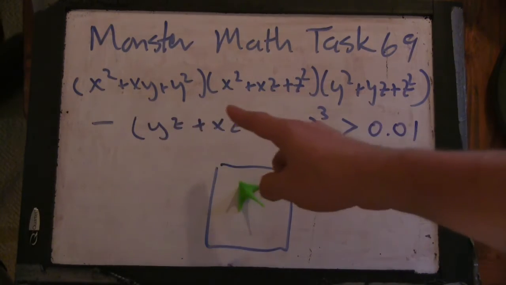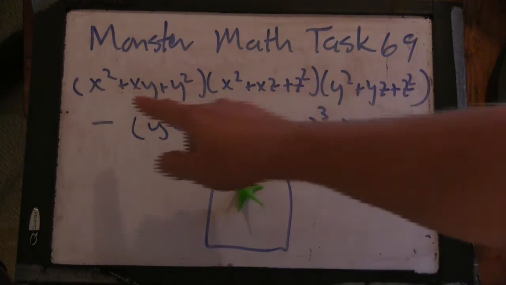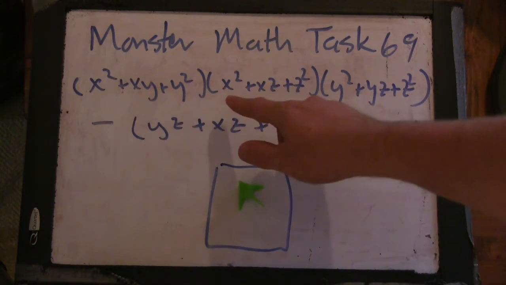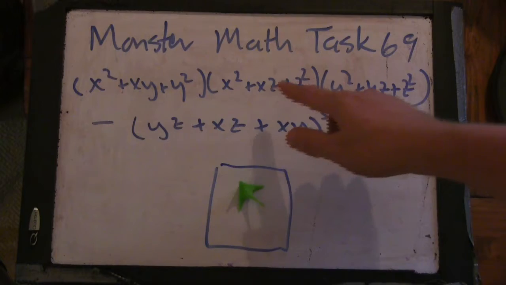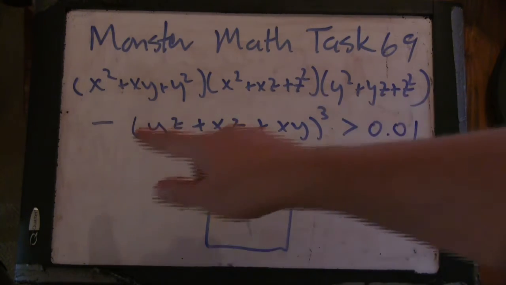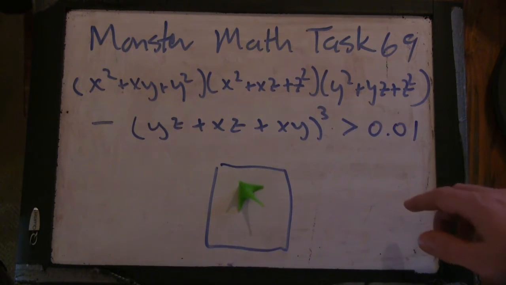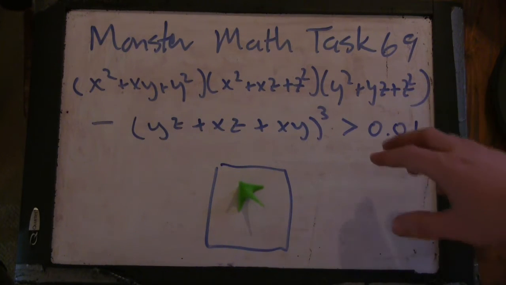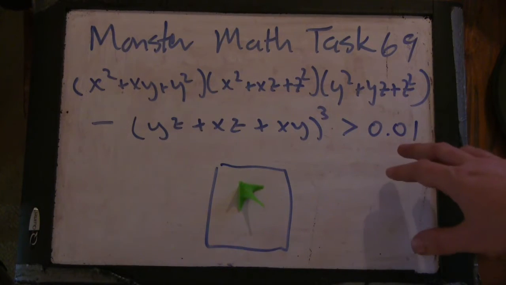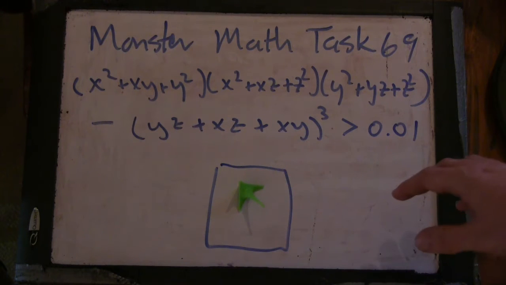It was asking about this algebraic expression: x squared plus xy plus y squared, times x squared plus xz plus z squared, plus y squared times y squared plus yz plus z squared, minus yz plus xz plus xy cubed. The real question was about proving that this was always bigger than 0, as long as x, y, and z are bigger than 0, I think.